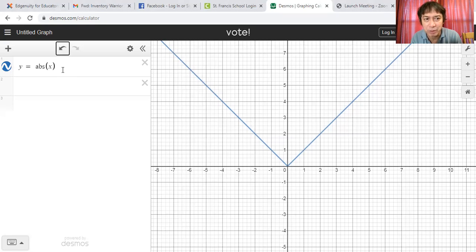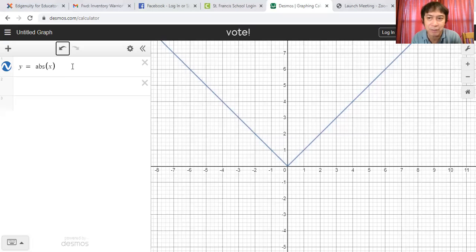So this particular function, the absolute value equation that you see here, demonstrates line symmetry. And this is considered an even function. Most, or all, even functions are symmetric with respect to the y-axis.